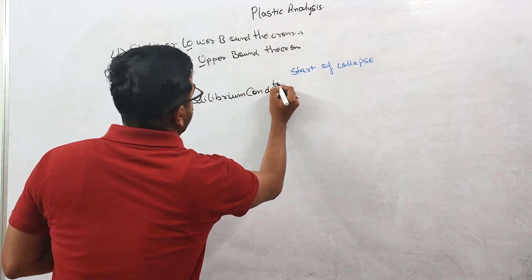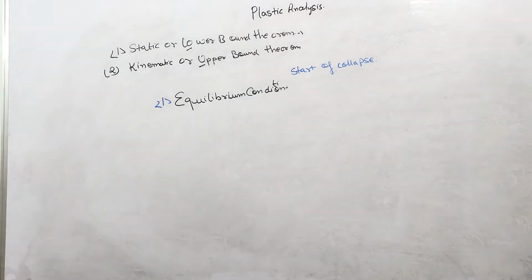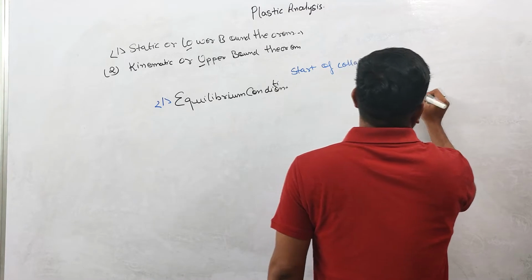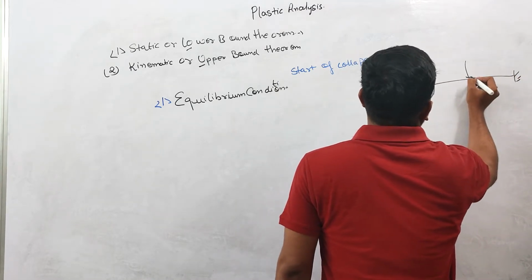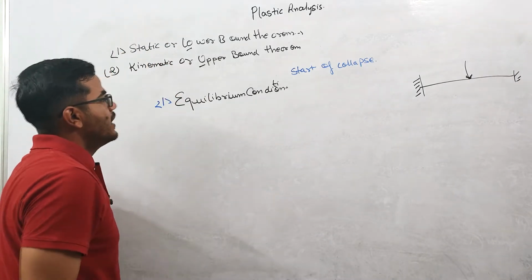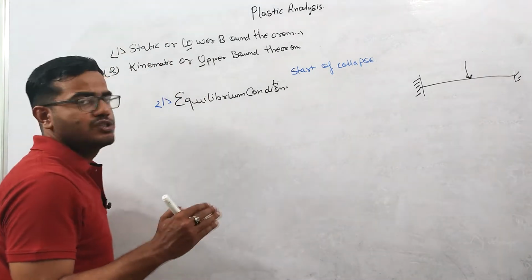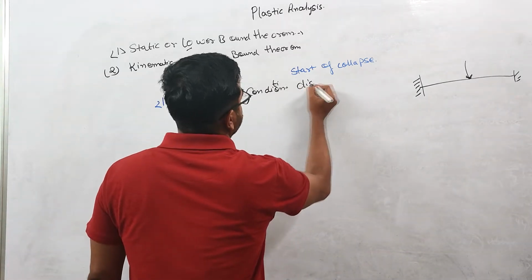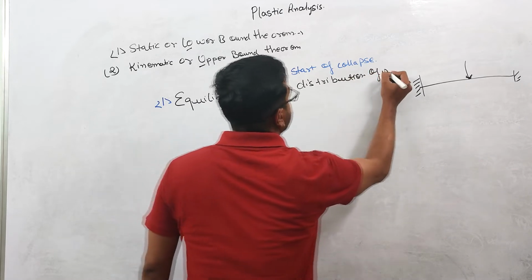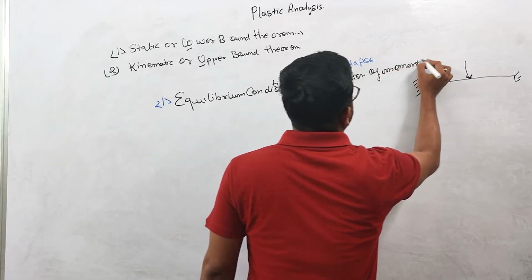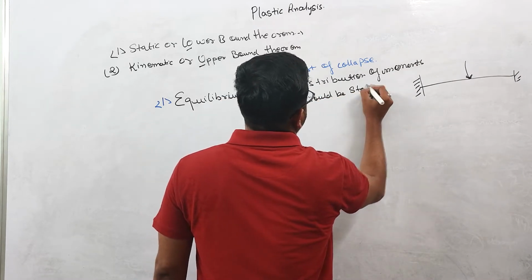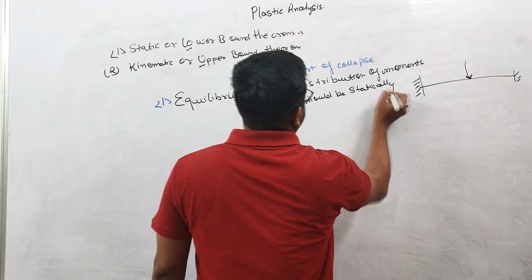In the equilibrium condition, when you are applying a load on this beam and it is on the verge of collapse, the distribution of moments should be statically admissible.